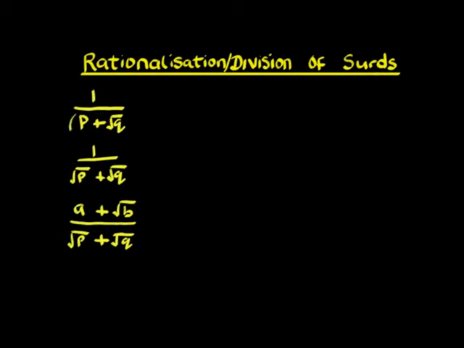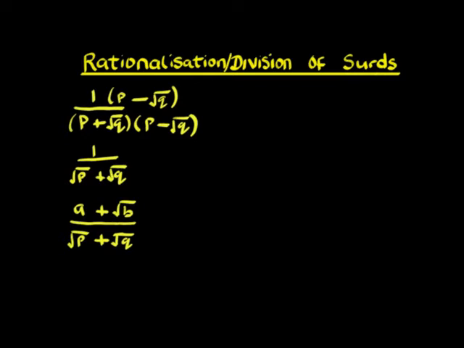So we multiply the denominator by its conjugate, and we also multiply the numerator by the conjugate of the denominator.